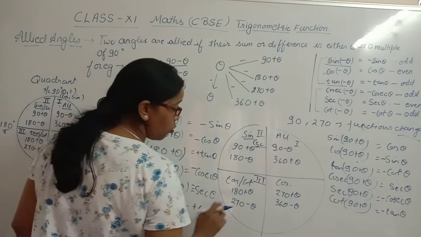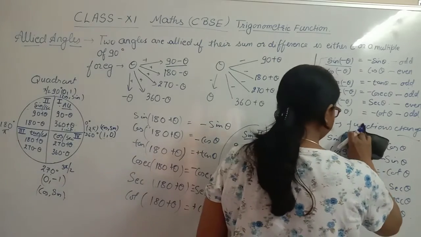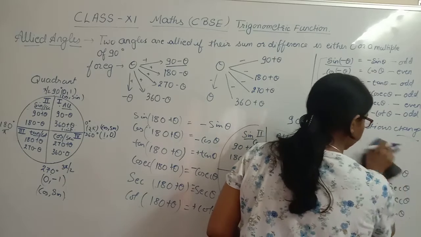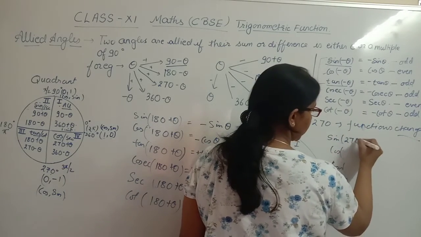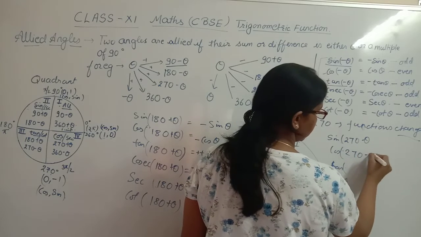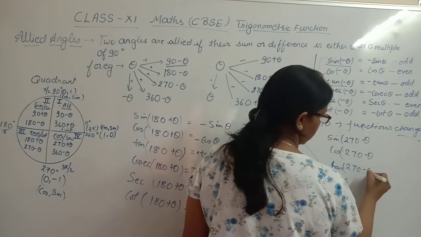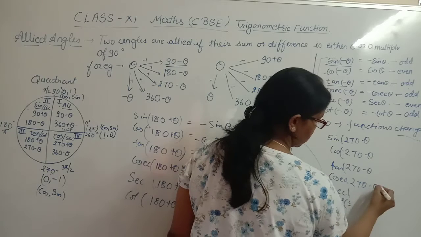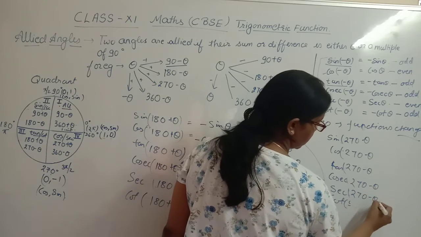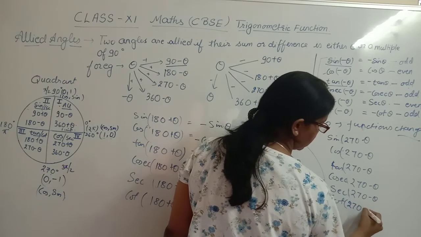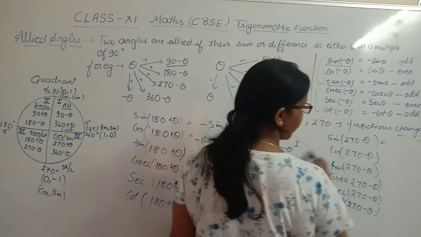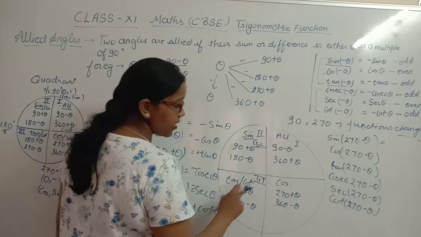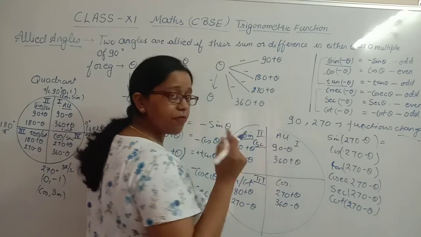Clear? Now moving to 270 minus theta. For 270 minus theta, what will happen? Again I have said for 90 and 270 the function gets changed.